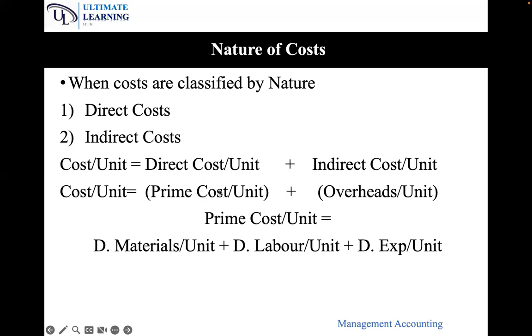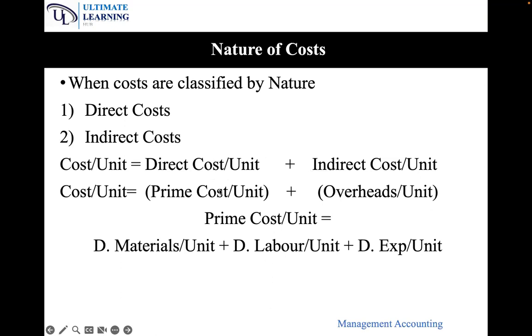So direct costs, also known as prime costs, have the same accounting treatment whether you use ABC or AC. The difference between ABC and AC is in how you account for indirect costs. How you account for indirect costs is what brings the difference between AC and ABC.